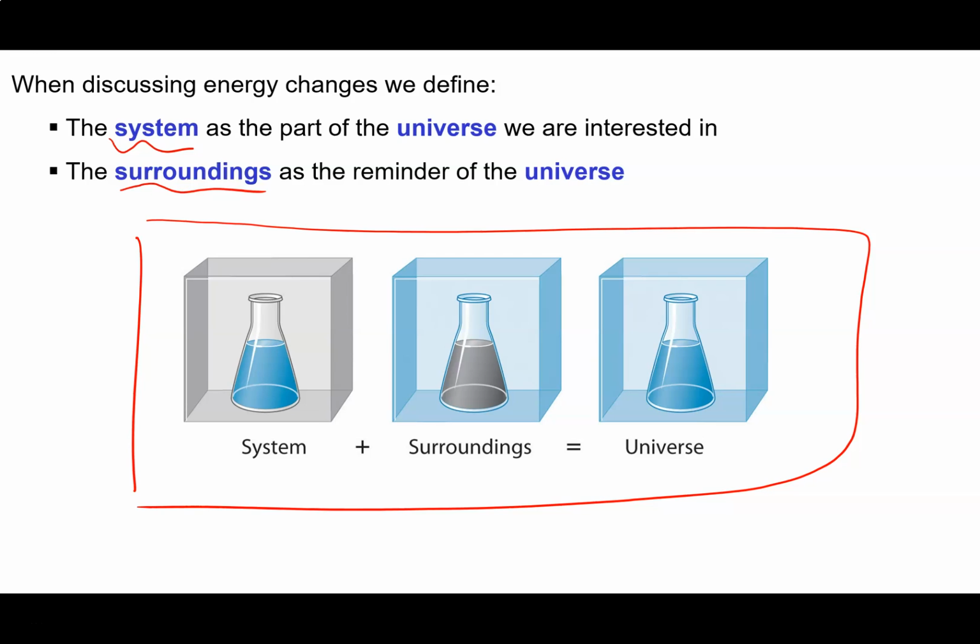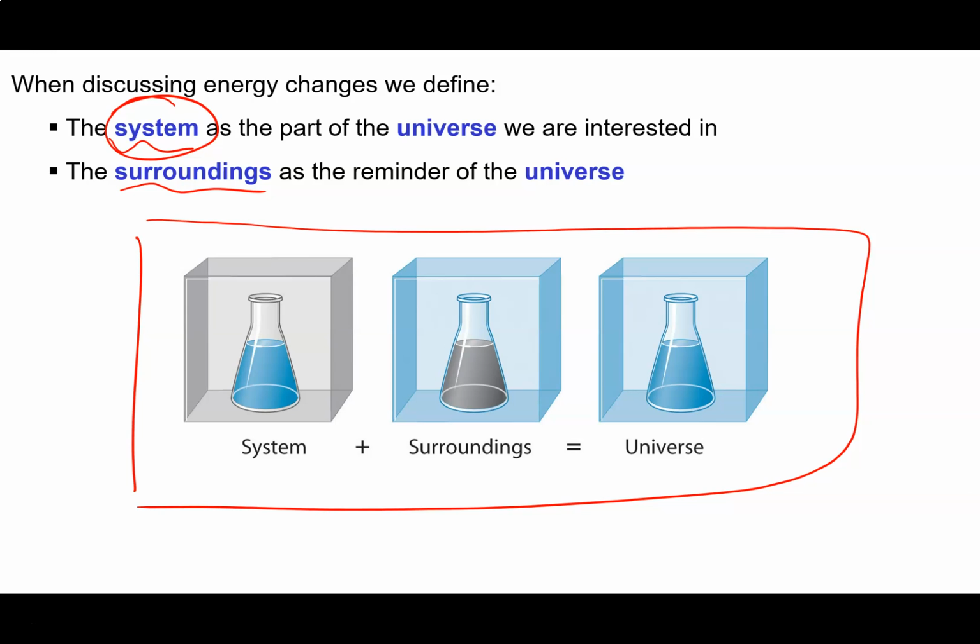When chemists are talking about energy and energy transfer, the system is all of the atoms, molecules, ions, electrons, and things that are undergoing the change. The part of the universe that we're interested in, these are the materials that are represented by our chemical equation. And then everything else that's not part of that is what we call the surroundings.